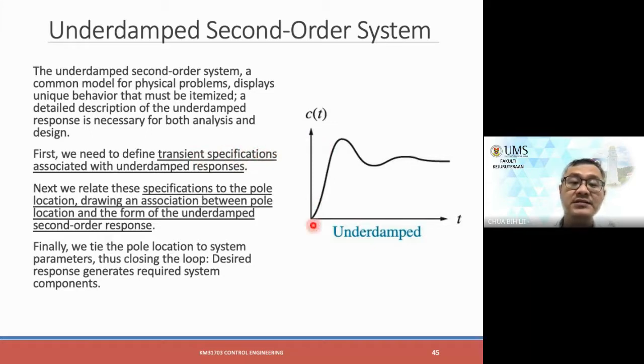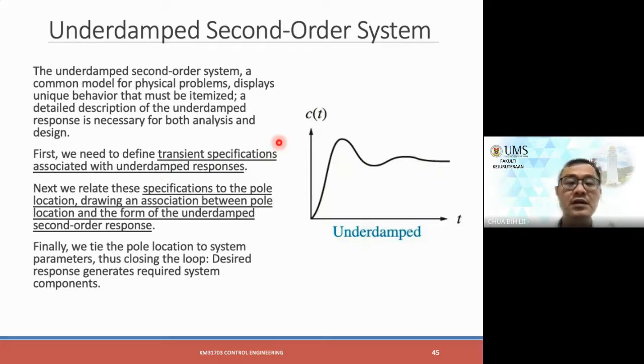Transient represents when the response has not yet reached the steady state, in the transition to the steady state. Transient specifications are associated with the damped response. So this is the transient section.